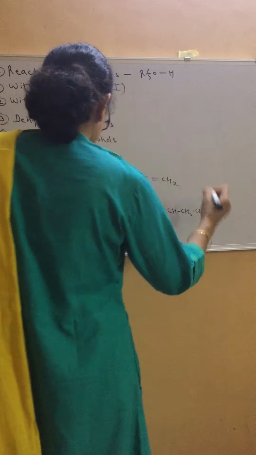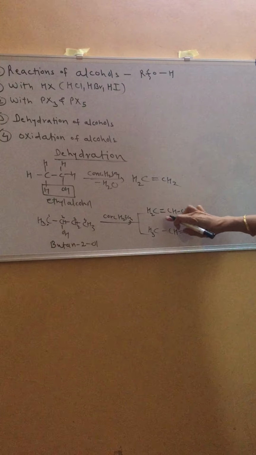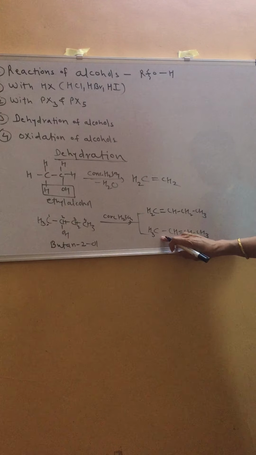If the hydrogen atom from this carbon atom is removed, CH3 will remain as it is, and we get CH3 CH double bond CH CH3. So here we are getting but-1-ene and here we are able to get but-2-ene.